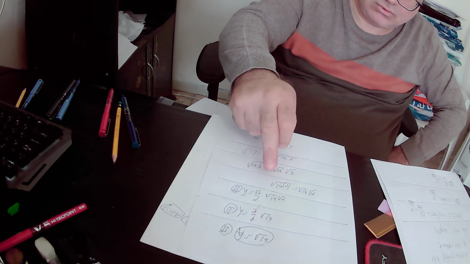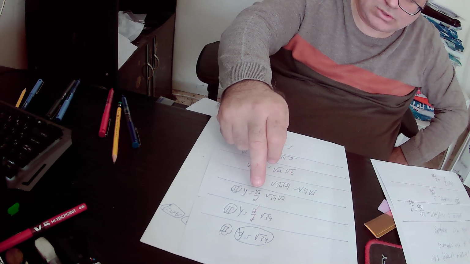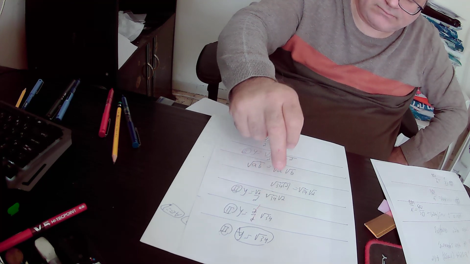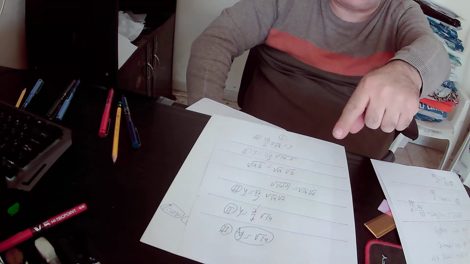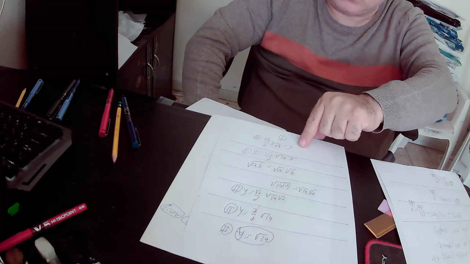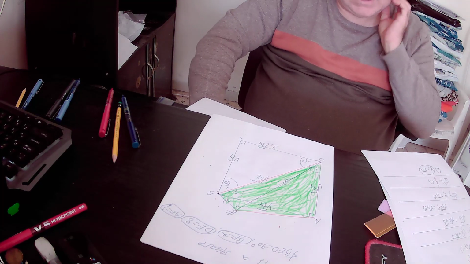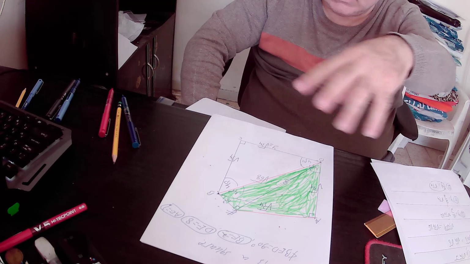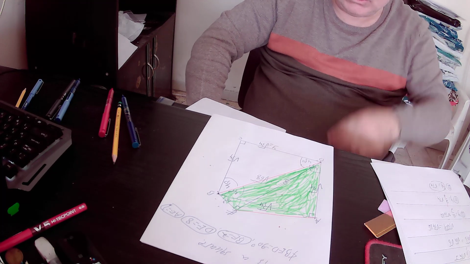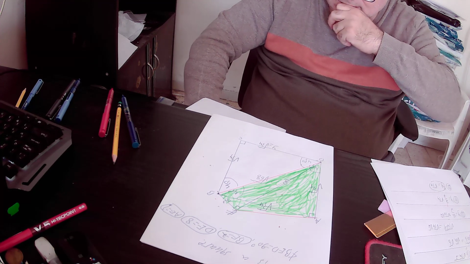And here square root of 2 times square root of 2 is 2, so in total we got that y equals 2 over 2 times square root of 34. 2 over 2 is 1, so the 2 gets cancelled, and we found that y equals the square root of 34 units. And because all the sides of a square are equal to each other, all the other sides will also be equal to square root of 34 units.